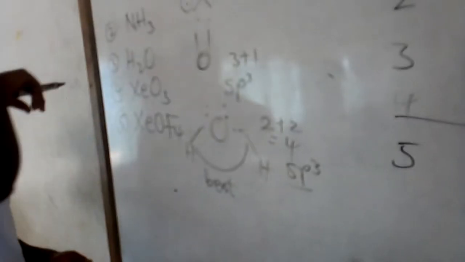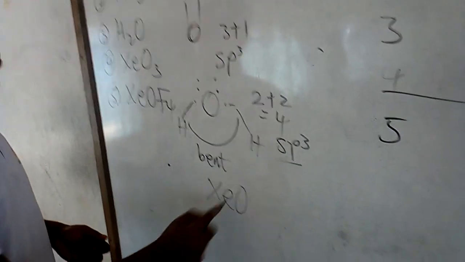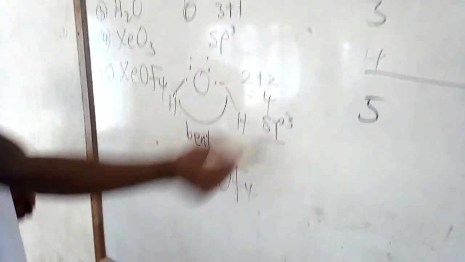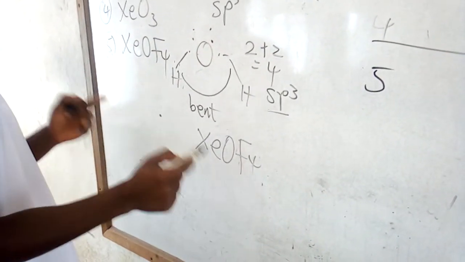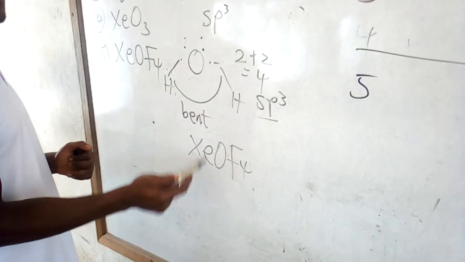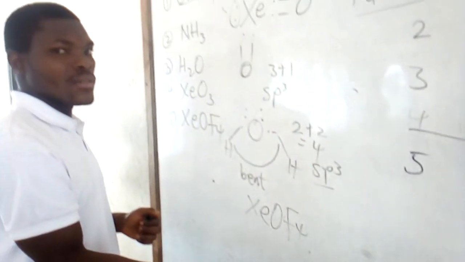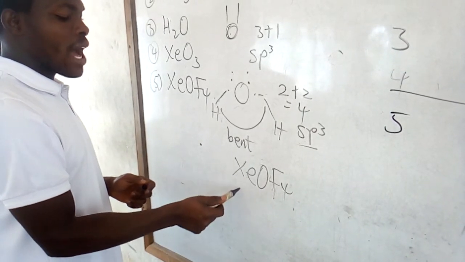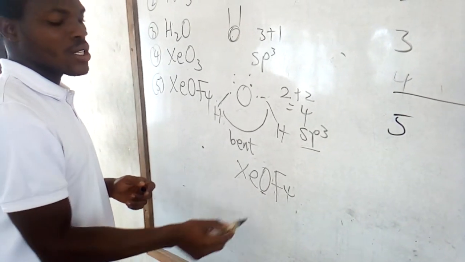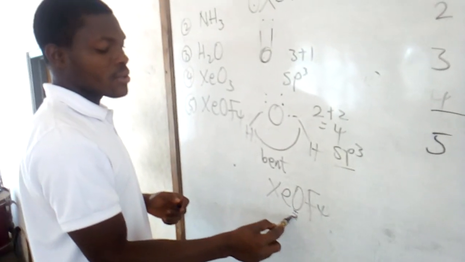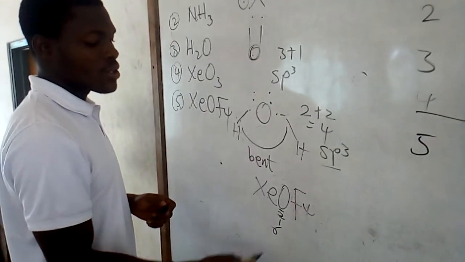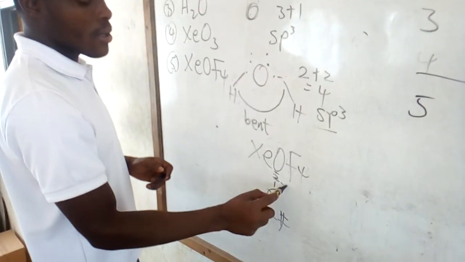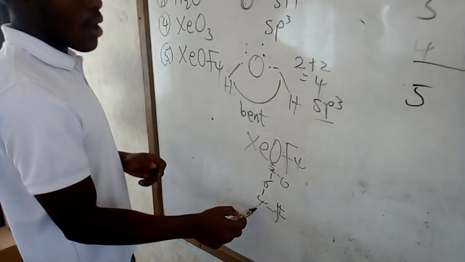Let's consider the last one, which is xenon bonding to 1 oxygen plus 4 of what? Fluorine. We know that xenon belongs to the noble gases, hence it has 8 outermost electrons. So 2 of the outermost electrons will share a bond with this oxygen. It's left with what? 6 electrons. The 6 will use 4 to share a bond with fluorine, and it will be left with how many? 2.